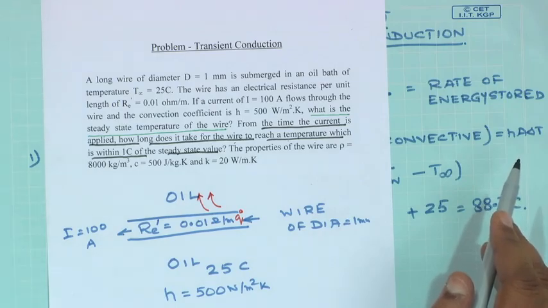So, starting at 25 degree centigrade, after how much time will the temperature be within 1 degree centigrade of the steady state value? That means, what is the time required for the wire to reach a temperature of 87.7 degree centigrade.